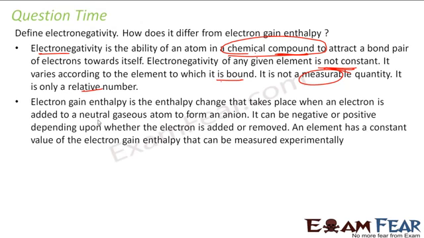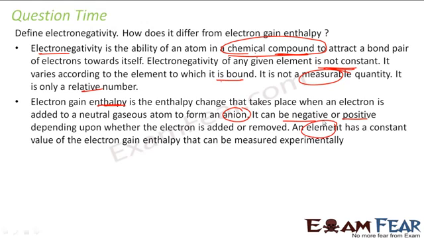But electron gain enthalpy is the energy change when one electron is added to an atom to make it an ion. It can be positive or negative. This can be exothermic or endothermic, depending on the element.